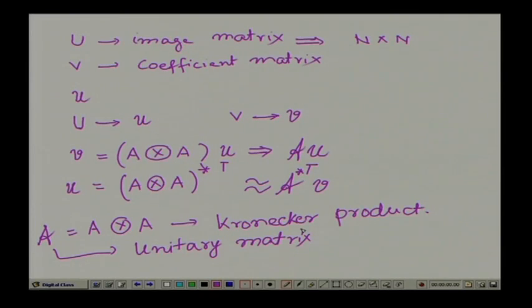Once we do this, you find that our two dimensional transformation, after row ordering of the input image U and the coefficient matrix V, once they are represented as one dimensional vectors of dimension capital N square, is now represented in a one dimensional transformation form. So, say any arbitrary one dimensional signal x can now be transformed as y equal to A x.